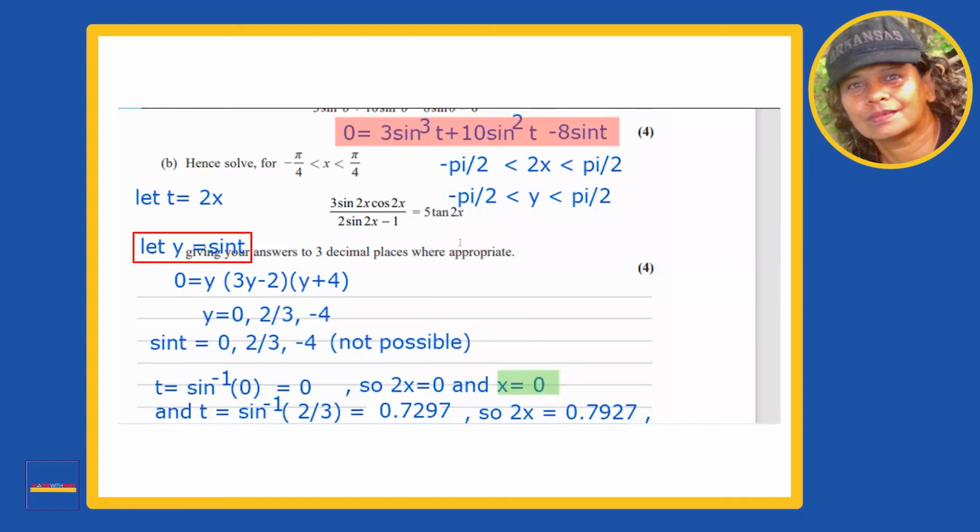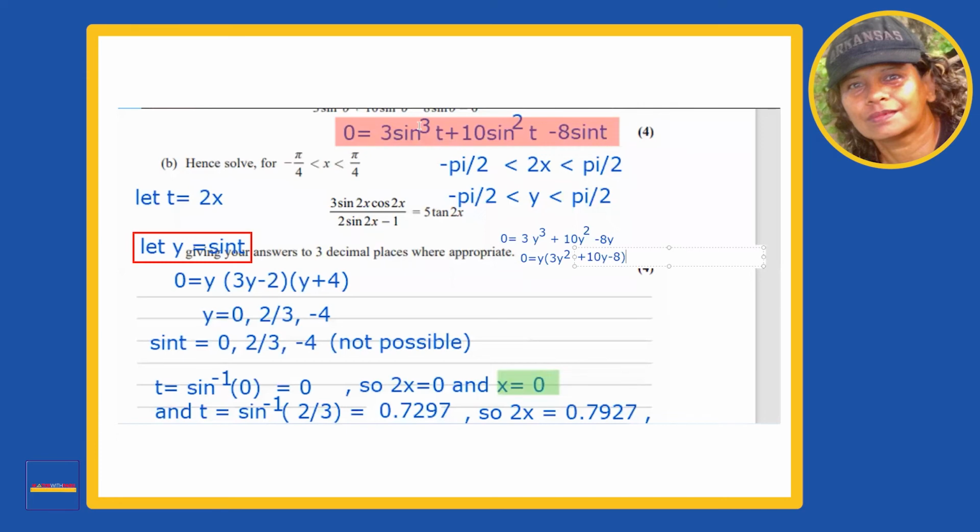Then my equation becomes 0 equals 3y cubed plus 10y squared minus 8y. Now I'm going to take off a y from everything, so I end up with 3y squared plus 10y minus 8.